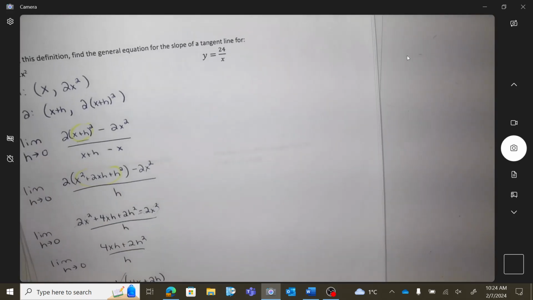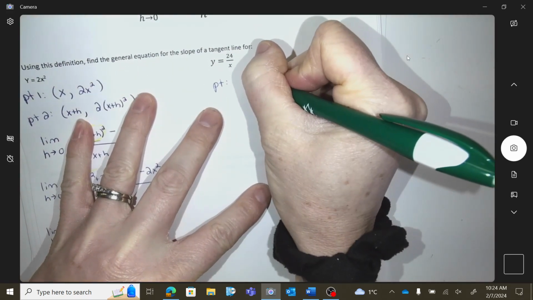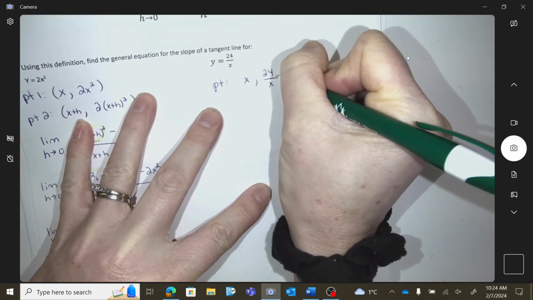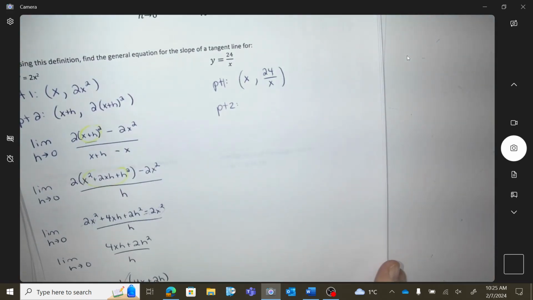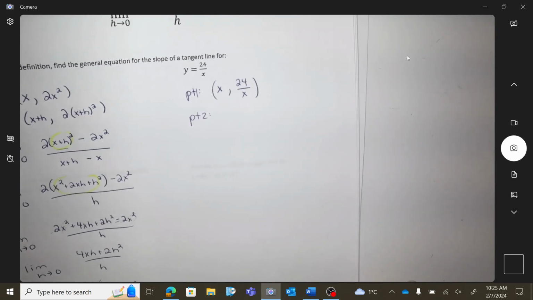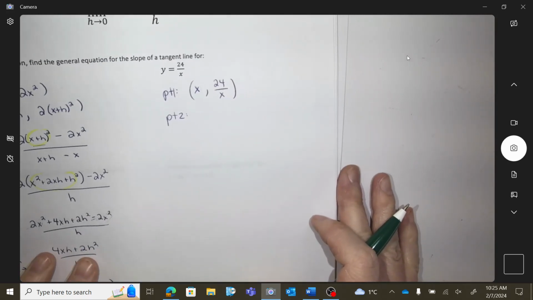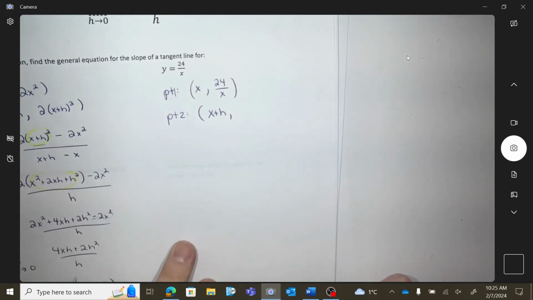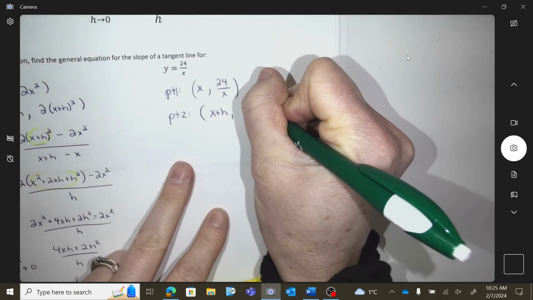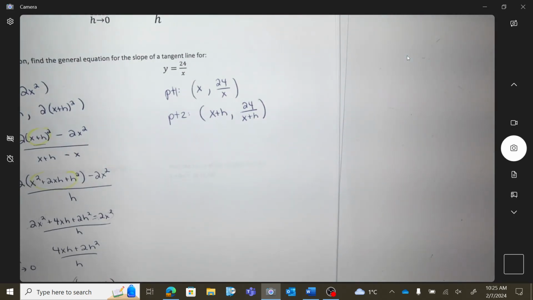So let's try an equation now with a fraction in it. Okay, so point 1 is x comma 24 over x. Point 2 will have an x value of x plus a little bit, which means this would be 24 over x plus a little bit. A little bit of space.